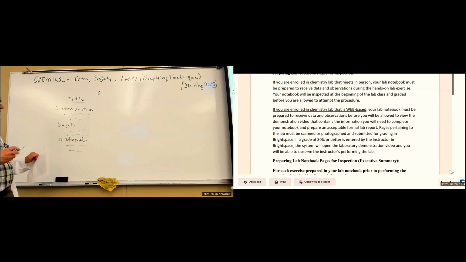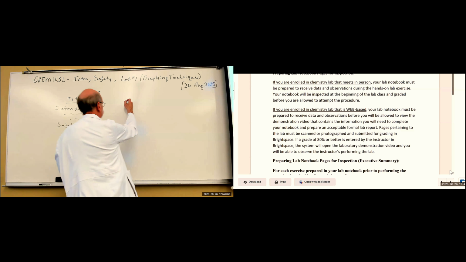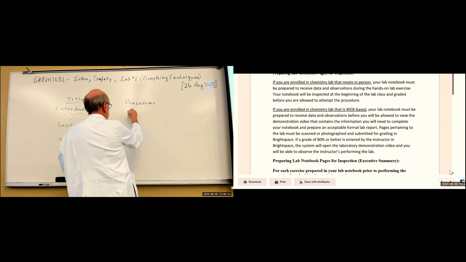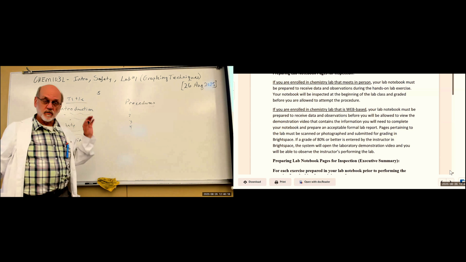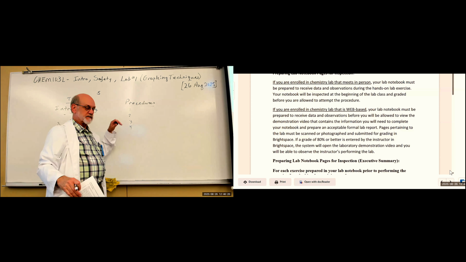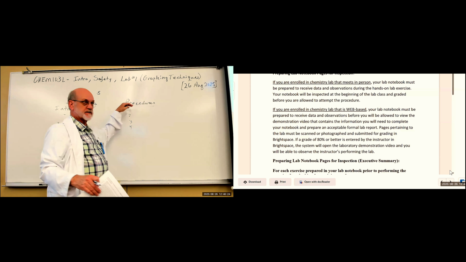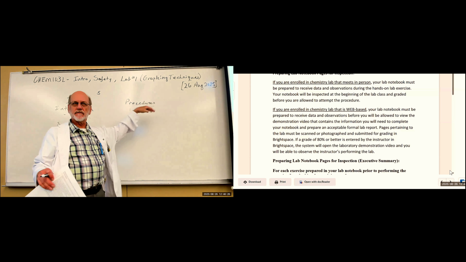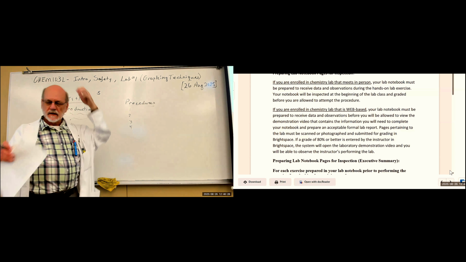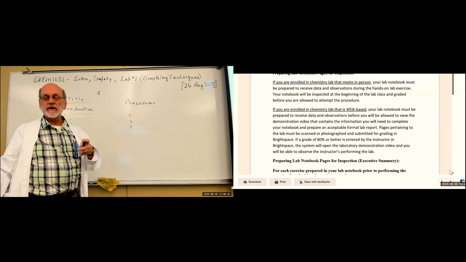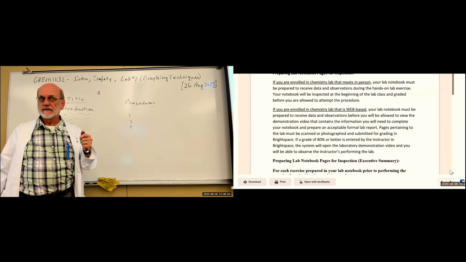Then procedure. Now I'm going to have to skip over here, procedure. Okay, and then you'll have 1, 2, 3, 4. And the way you write it is do this. Weigh such so many grams of something. And in the procedure, you don't have to put exact values, right?